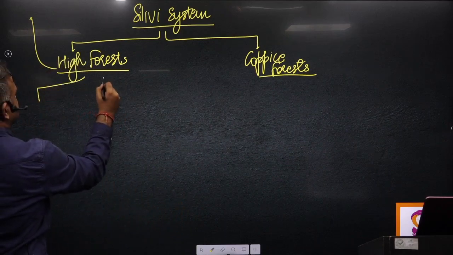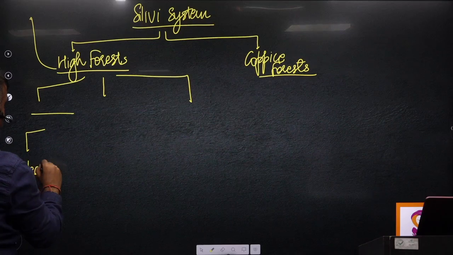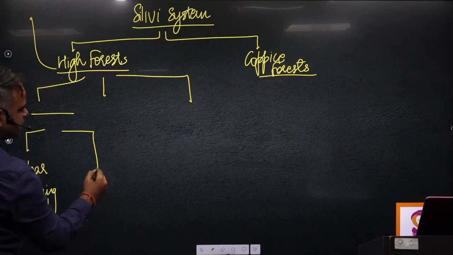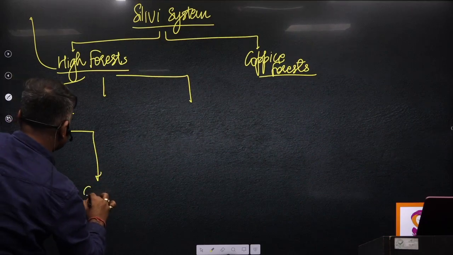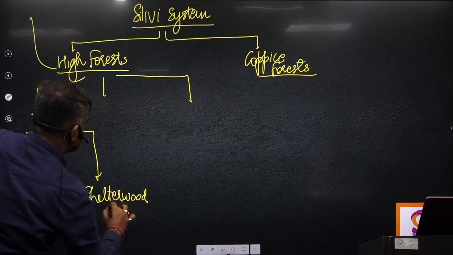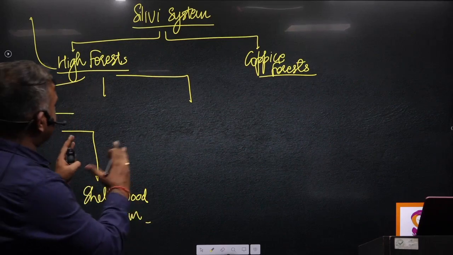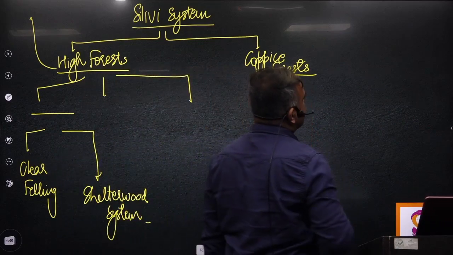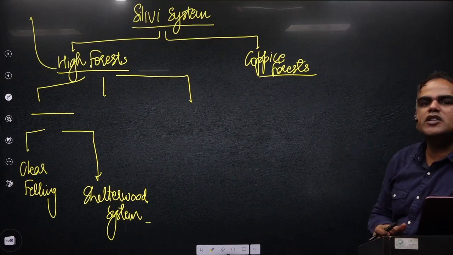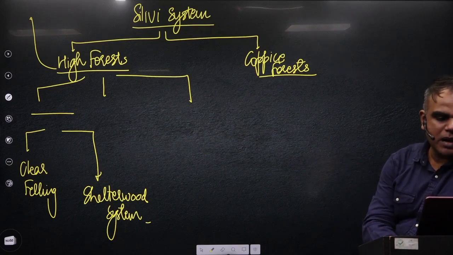You can go into these three mechanisms, and in this part we can talk about, by the way, in this test we've asked you certain questions which will help you understand this particular part well, the clear felling system, for example, and the shelterwood system, and try to practice making this. For example, when I say Coppice forests, there are also Coppice with standards, Coppice with reserves, even pollarding, all of that becomes an important part that you also read about.